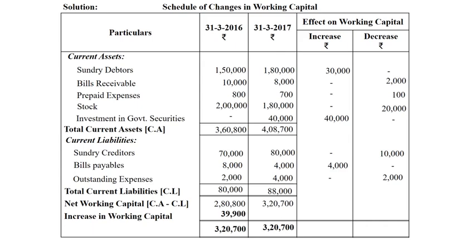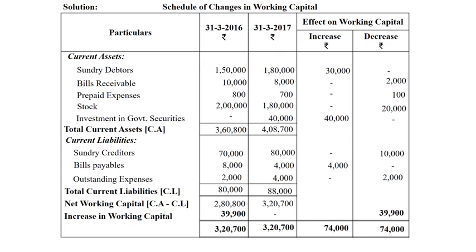Observe this. 39,900 is the increase in working capital. Why? Working capital was 2,80,800 during the previous year, and now it increases to 3,20,700. Therefore, the balancing figure is the increase in working capital. This amount you directly take to the decrease column, or total up the increase and decrease columns.